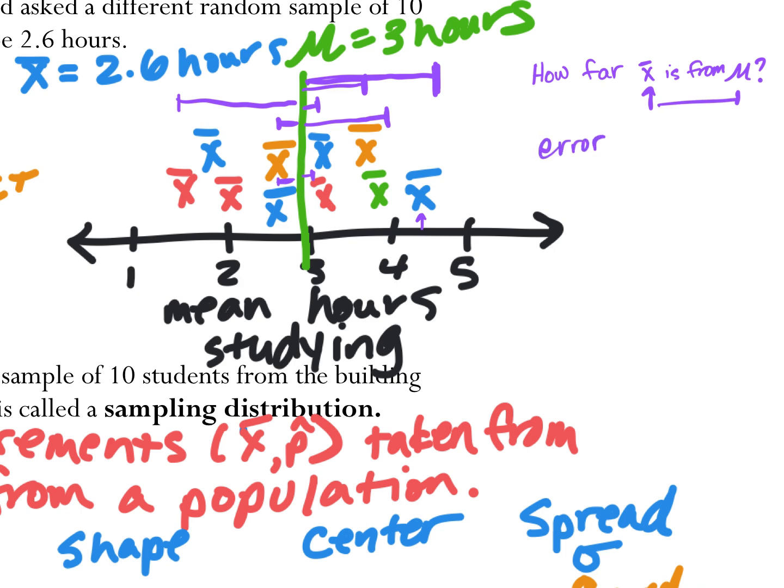So the standard deviation is the average error due to sampling alone. We would expect that our sample doesn't perfectly match our population. It is off by a little bit, so there is error in sampling.